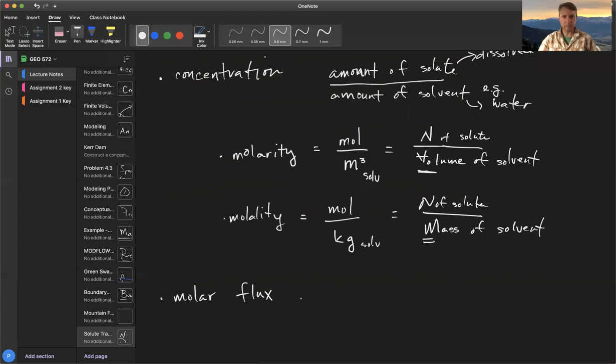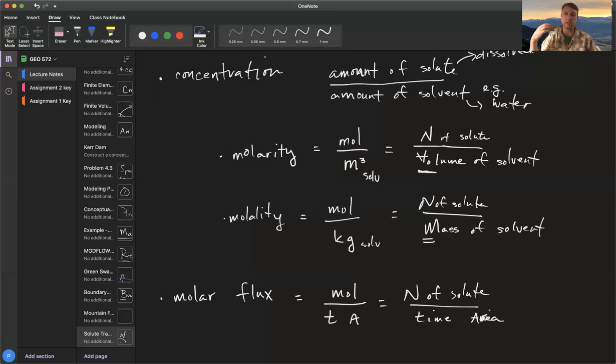All right, and the molar flux is the moles per time per unit area. All right, so this is the number of solute particles crossing a plane per unit time per unit area.